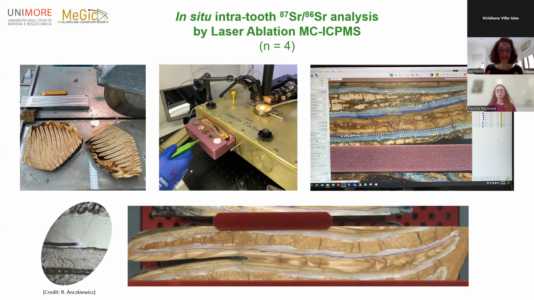So considering that the slabs were more or less 15 centimeters, this kind of analysis requires a lot of time. And we also ran a few lines of dentin just to be sure that we were measuring the biogenic strontium, so not contaminated by the soil, for example.